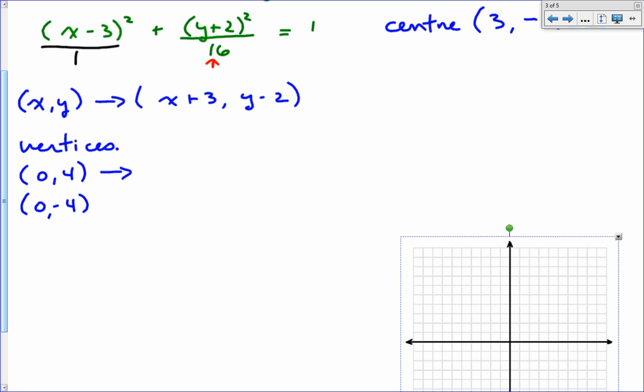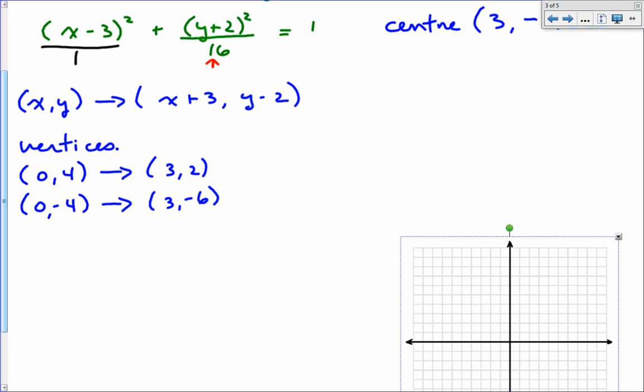And applying our mapping rule now, we'll get the points (3, 2) and (3, negative 6). For the rest of these, you might want to come up with the points on your own, do the mapping rule and sketch it, and press pause as you do that, and then come back, hit play, and see if you are correct.